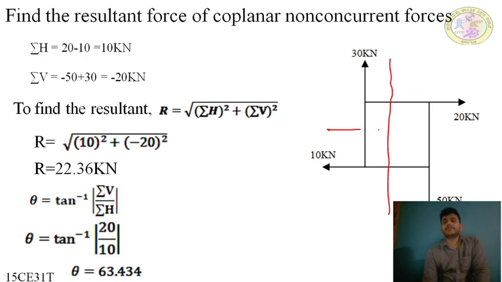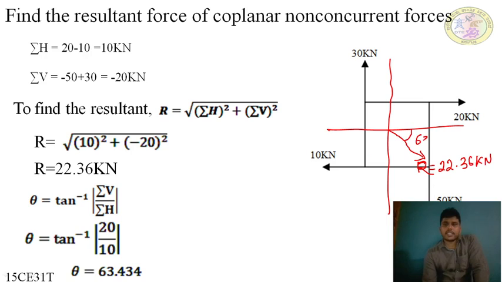Once again, if we assume this as the axis and the force moves in this direction, R, the resultant, is equal to 22.36 kilonewton, and the angle with respect to the x-axis is 63 degrees 43 minutes. The resultant force acts in this direction. I hope there is no doubt and it is clear.